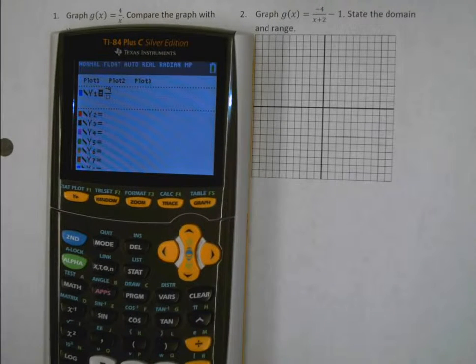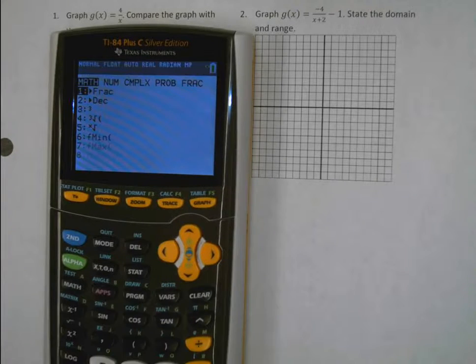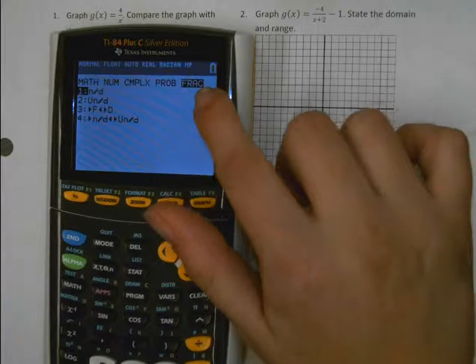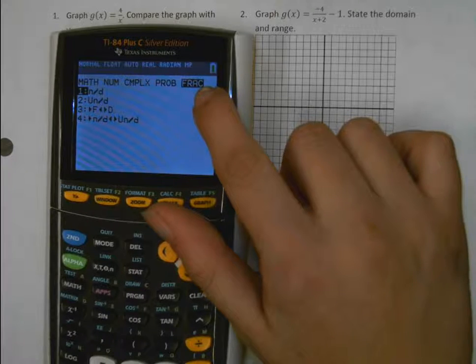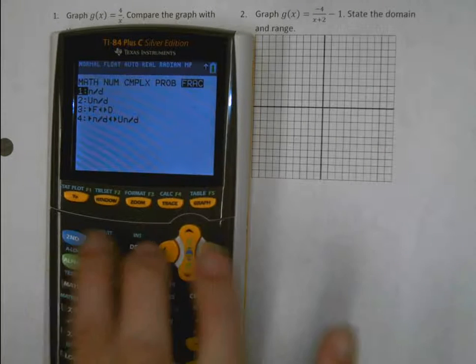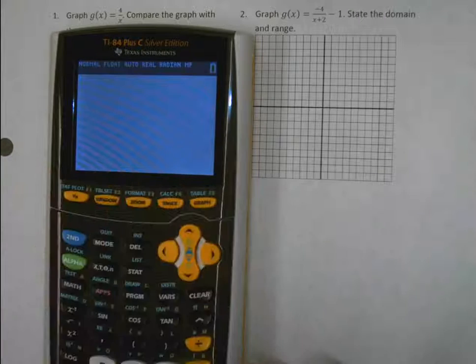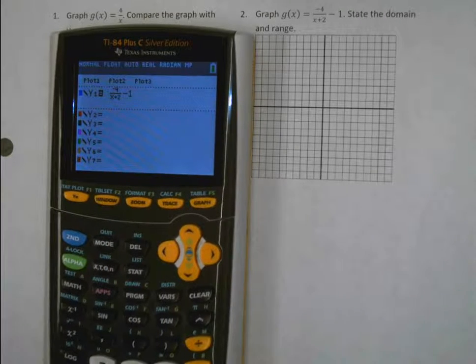Because if I just do negative 4 divided by x plus 2, it's not going to count the x plus 2. You go to math, and then you go all the way to frac at the end, and then choice 1, n divided by d, numerator divided by denominator, in the y equals.